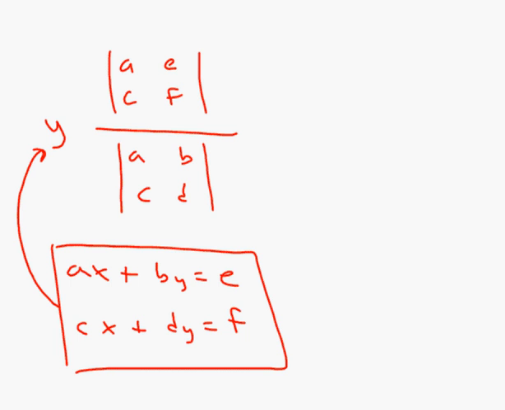If we look carefully, we can see where, for example, this matrix on the bottom comes from. Look at all those little numbers. Do you see them in the original system? They're right here. They're the coefficients of x and y.